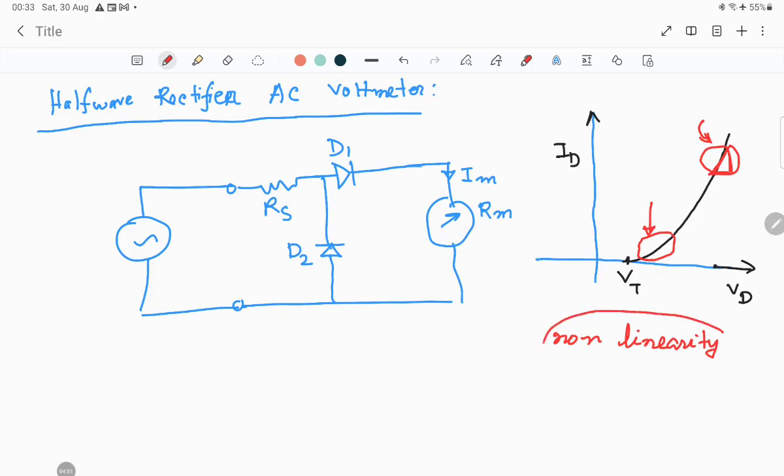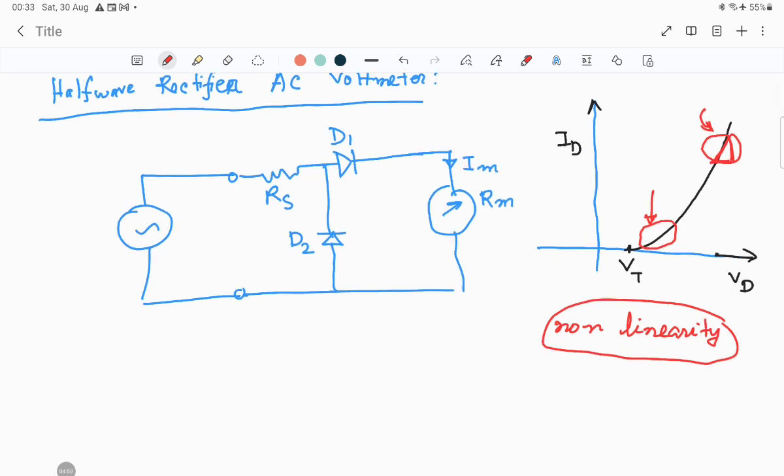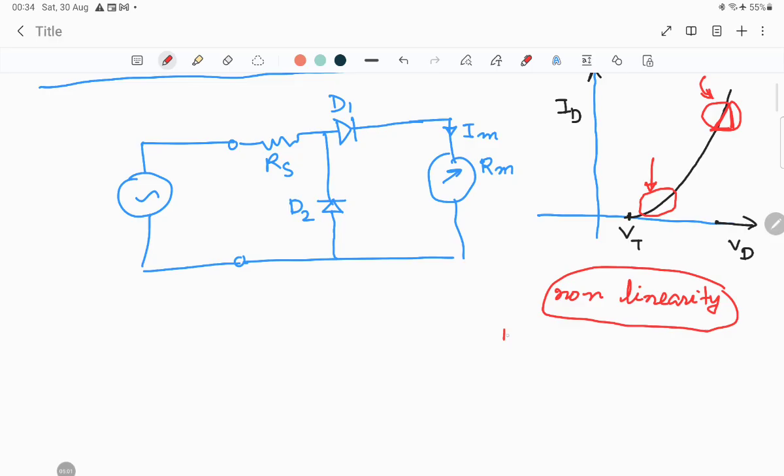So how can we reduce this non-linearity issue? There are two ways. The first one is not so effective, but the second one is very much effective.